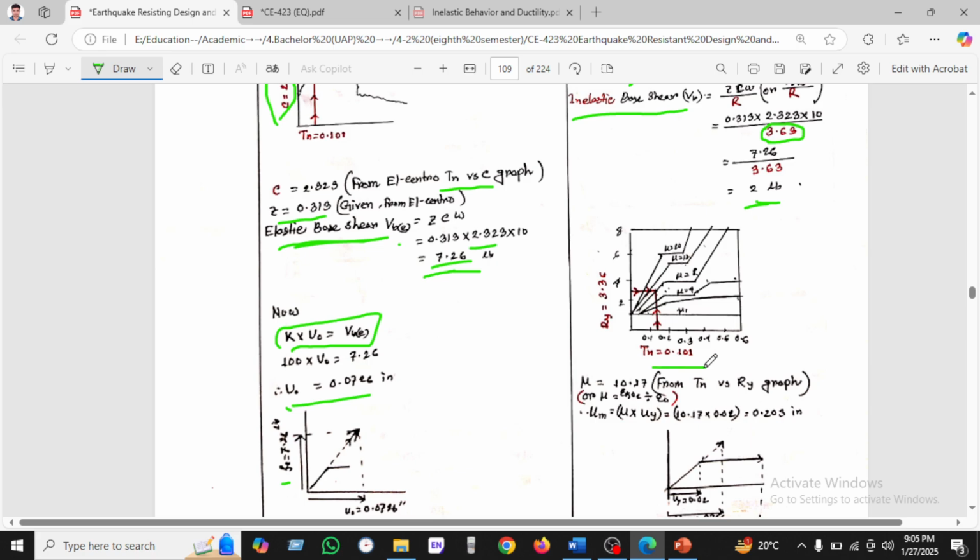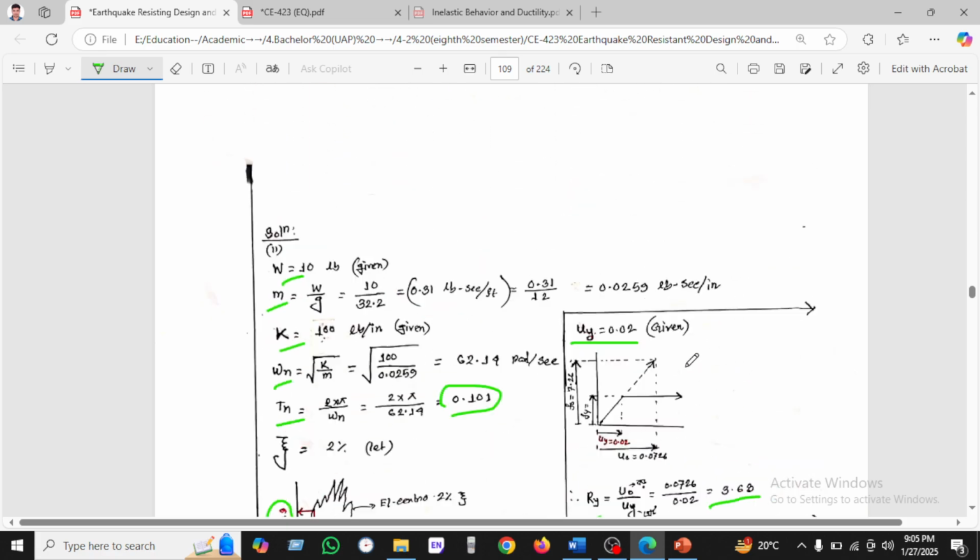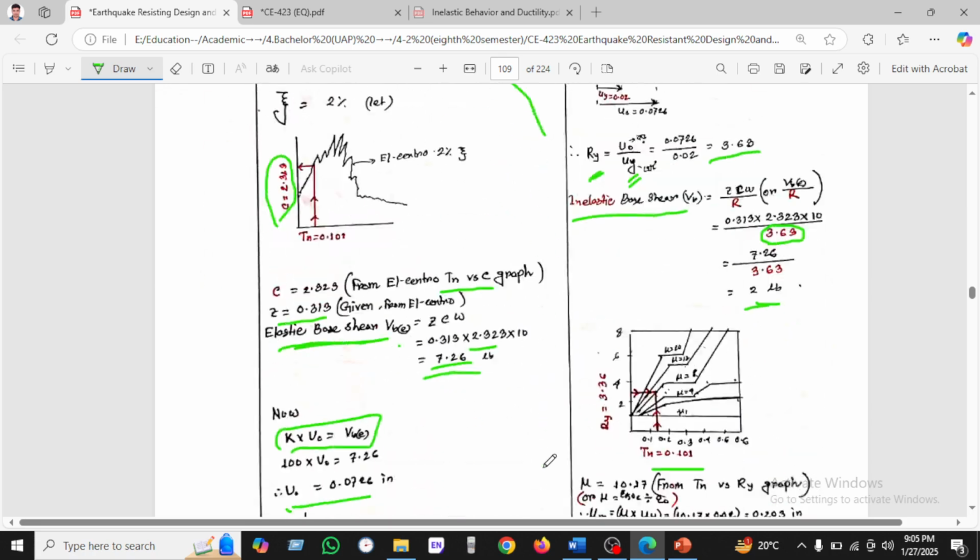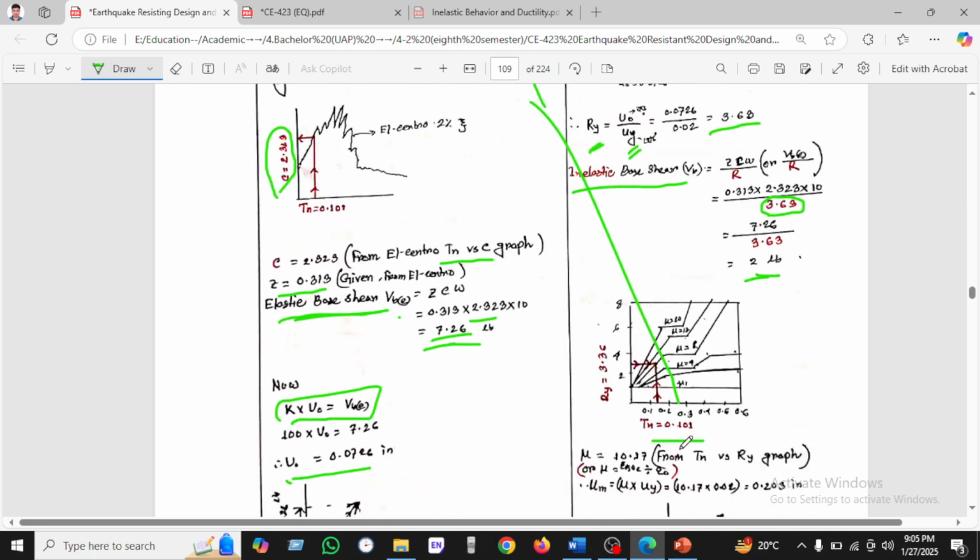Okay, so let's see. We found the time value 0.01, as we calculated here, and putting this value in the graph, 0.01 with respect to Ry, we found 3.36. So all are the same. If we calculate from time period versus Ry, you can find the R value.